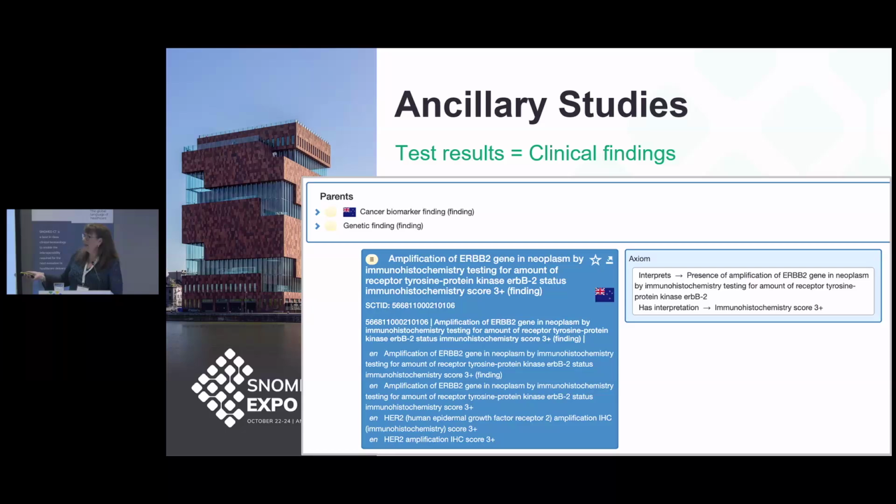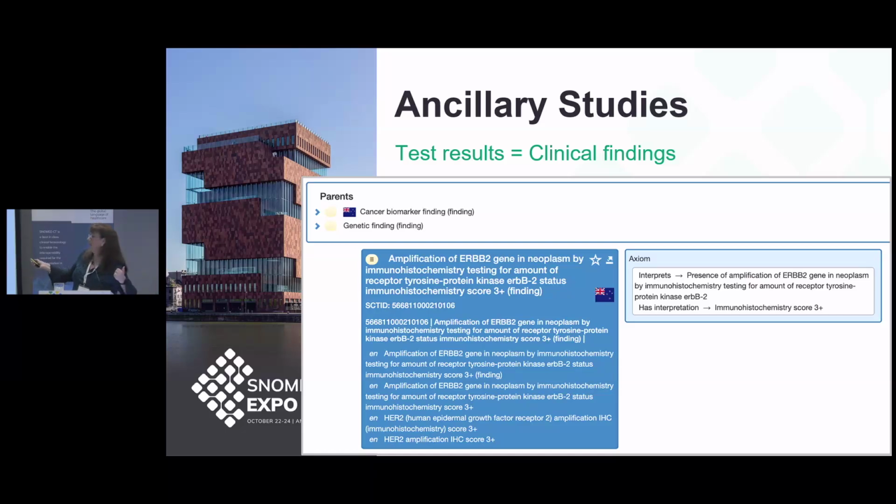So when we're modelling these clinical findings, we set the interprets attribute to the observable entity that we created before. So we're linking back to that rich concept definition that we had. It interprets the presence of the amplification of the ERB2 gene, and the interpretation is the result.